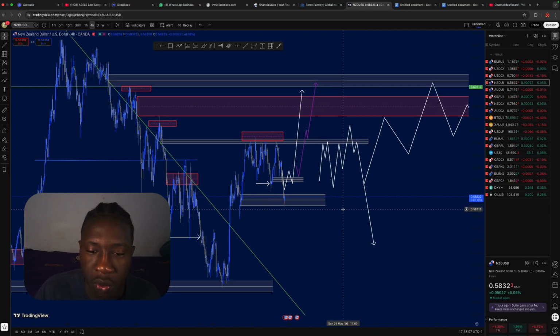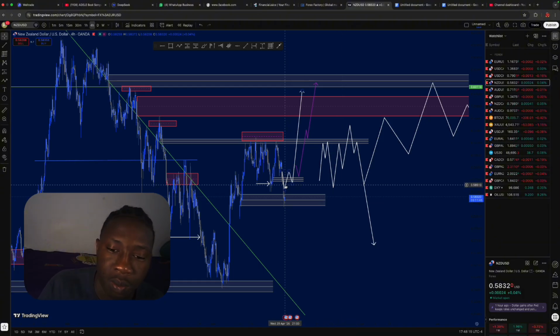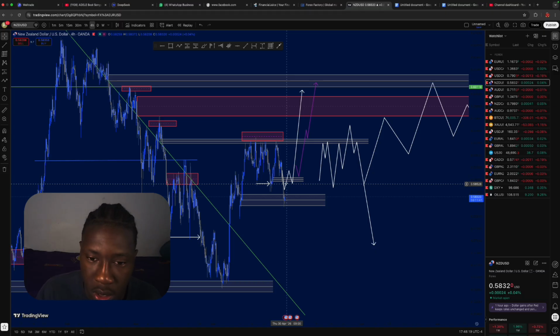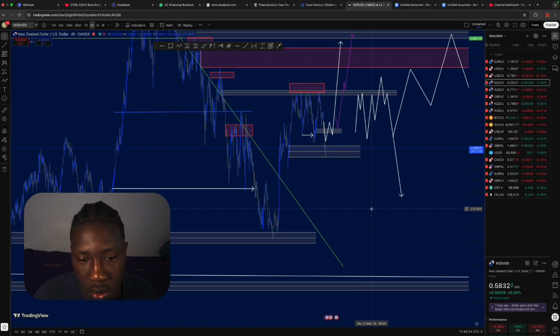Am I going to find another trade, or the market is going to take another time to create another move that is going to be a good move like this one? Because this one is a good move.